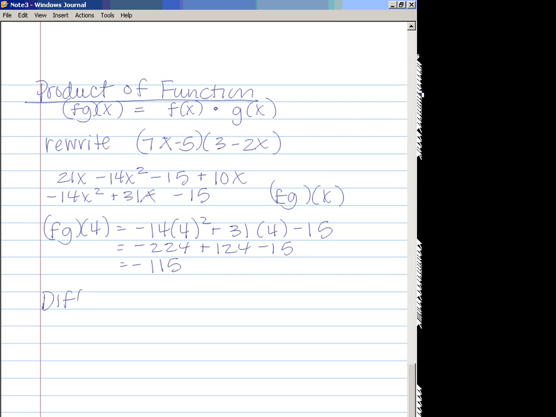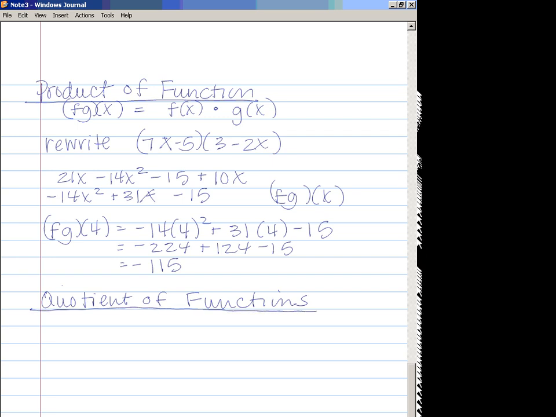All right, let's move on and look at difference. It's not difference, quotient. So I'm getting ahead of myself. All right. Quotient of functions. Our quotients are the outcome when we divide, so that means we have f divided by g at x, which is written as f of x over g of x.